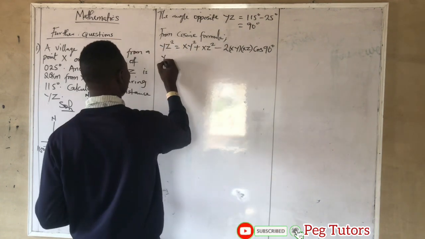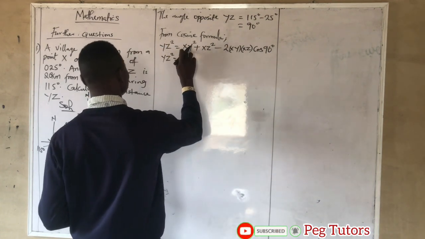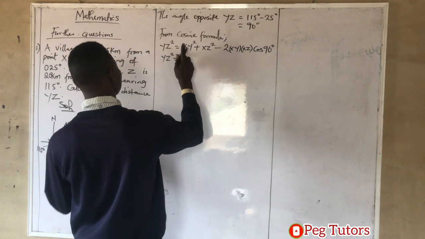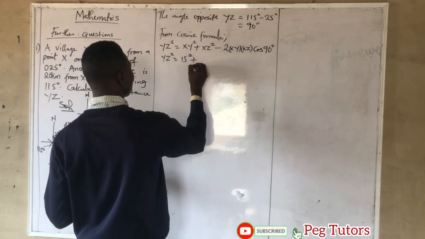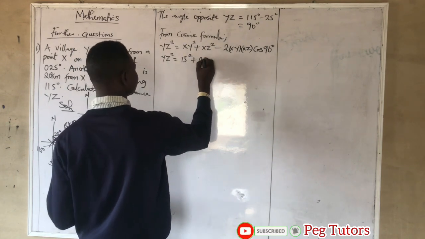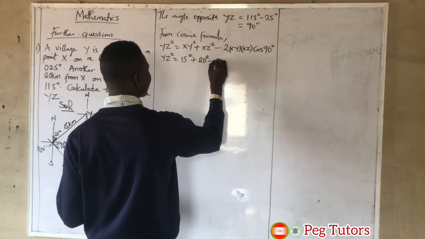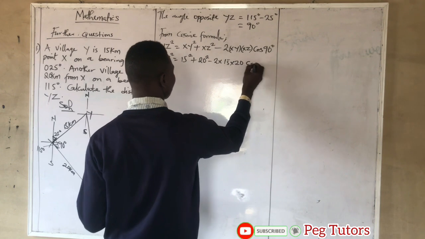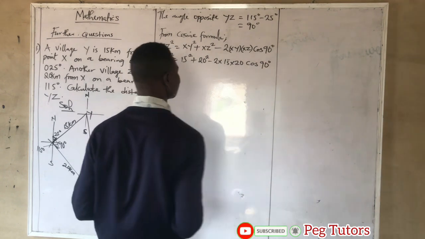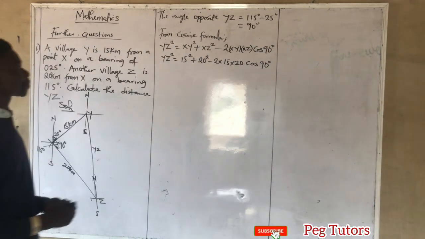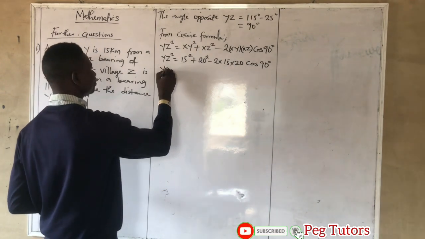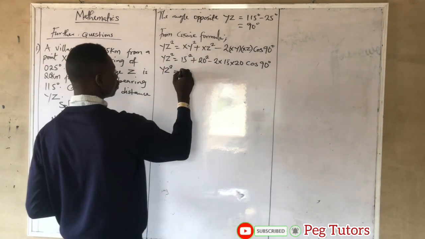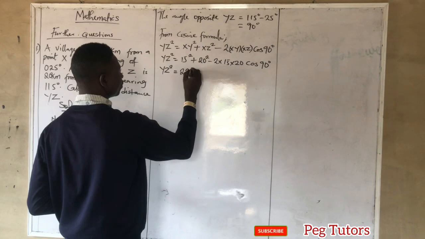So that will give us YZ squared is equal to XY, which is 15 squared, plus 20 squared, minus 2 times 15 times 20 times cos 90 degrees. Are we following?